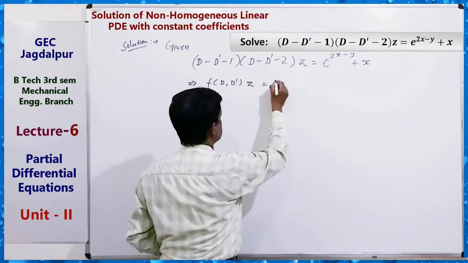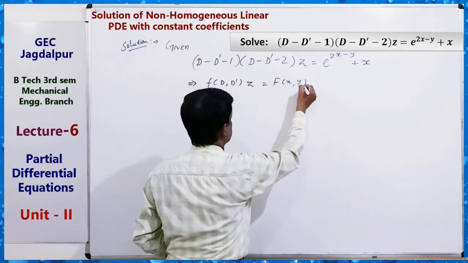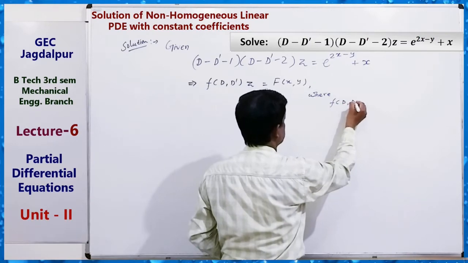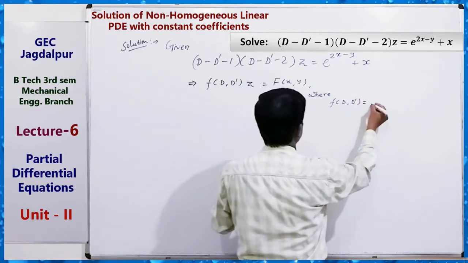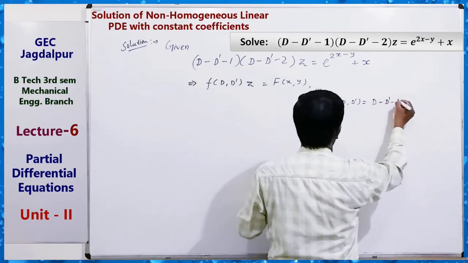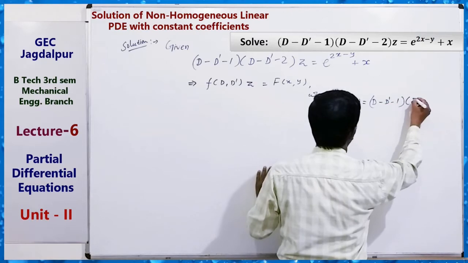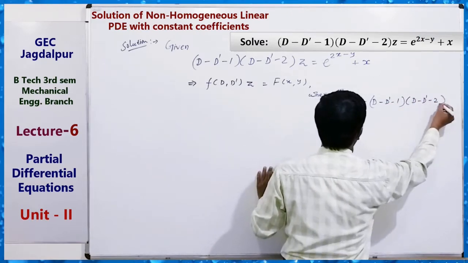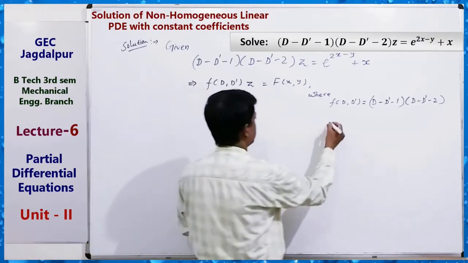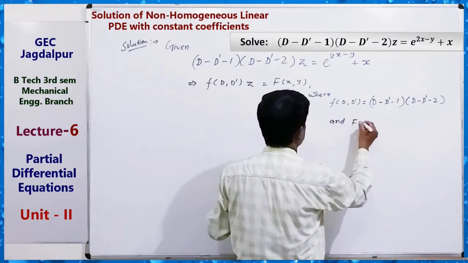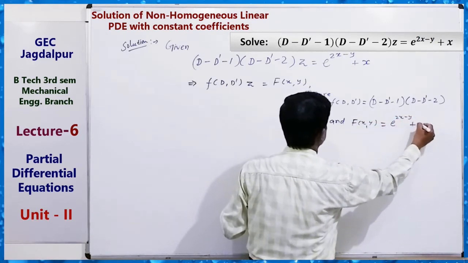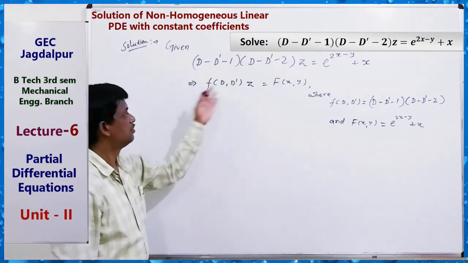We can write it like this, f of x, y, where f(D, D') is equal to (D minus D' minus 1) into (D minus D' minus 2), factorized, and f(x, y) equals e to the power 2x minus y plus x. This is our equation.